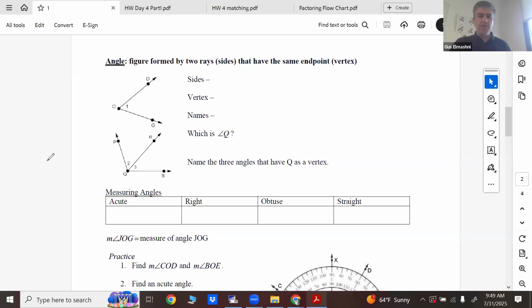If I said angle Q, do I really know what I'm talking about? No, because it could be any one of these three possibilities: angle 2, angle 3, or a combination of angle 2 and angle 3. Yes, Q is a vertex. Sorry, that was a bit ambiguous, that question. I should have realized that.